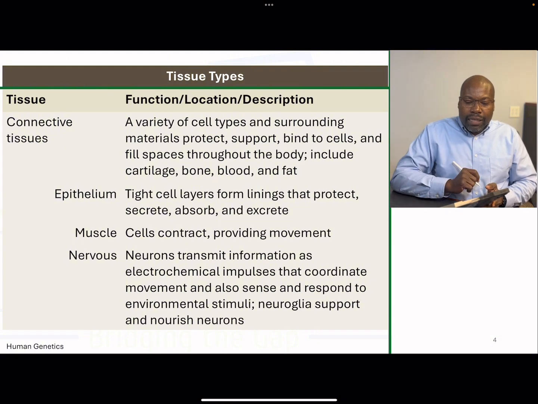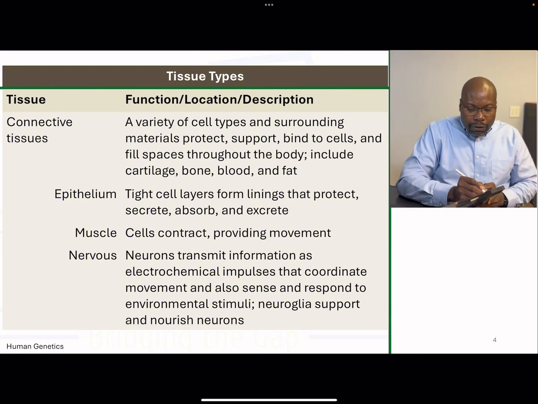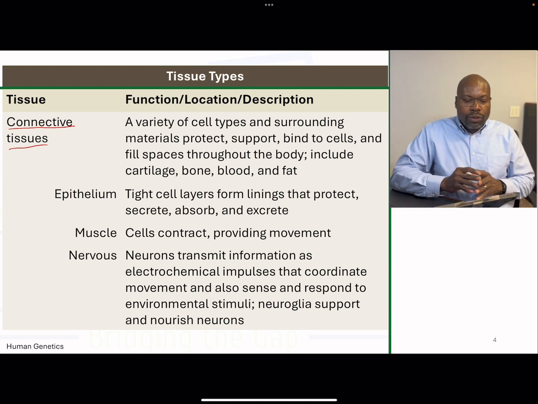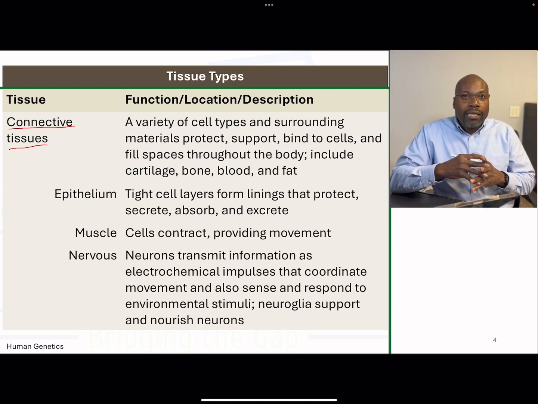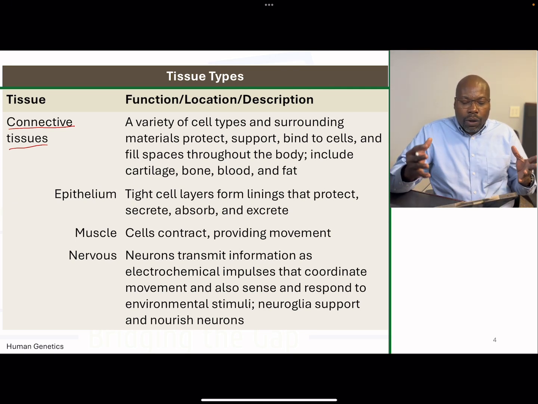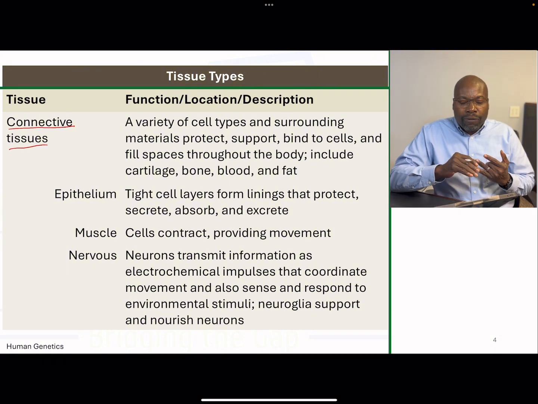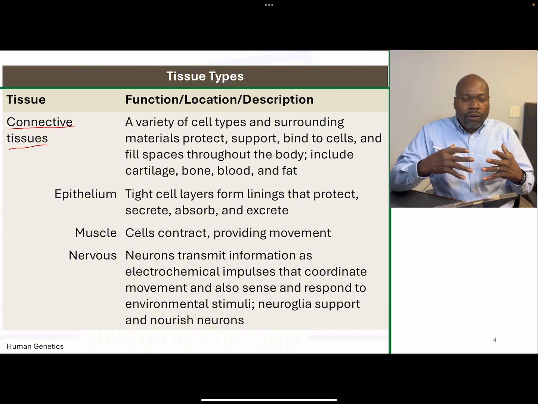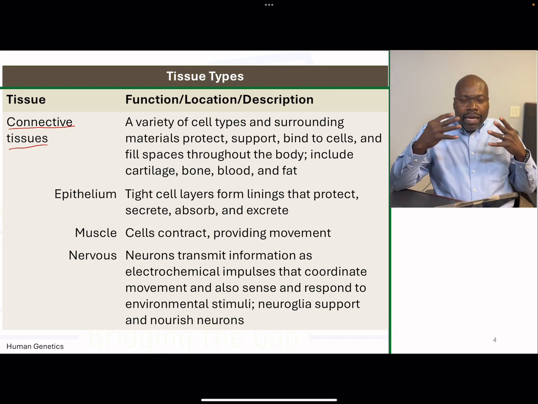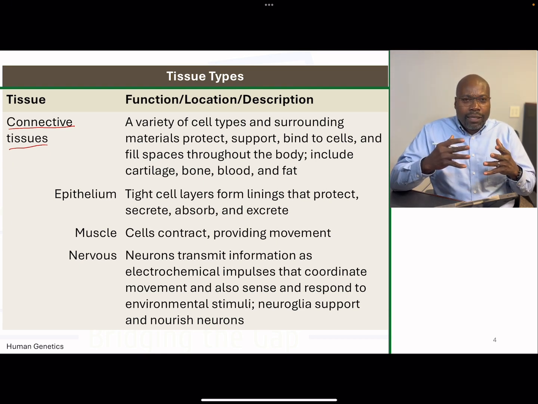So, what is the job of connective tissues? Well, the connective tissues are going to find protecting organs. They're going to provide support. Think of the bones. Because of the bones, your brain is protected in the skull, right?